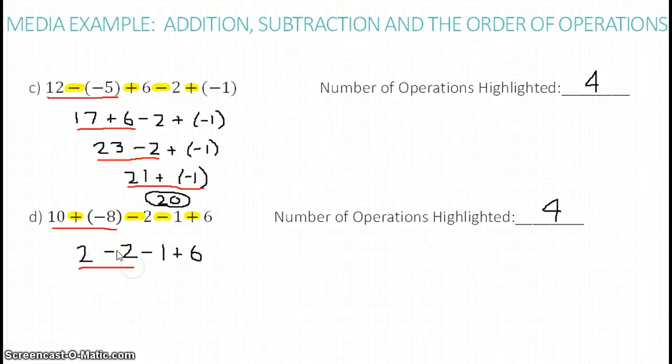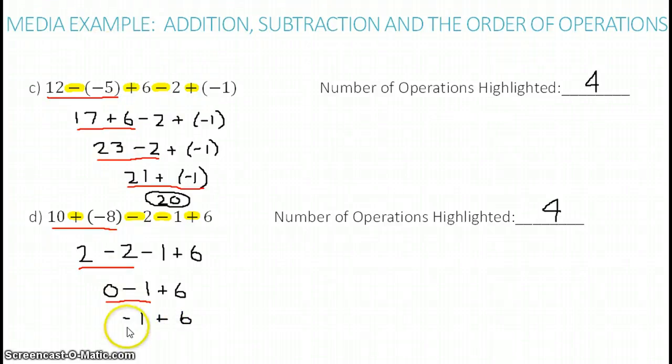2 minus 2, that's our next operation. Well, 2 minus 2 is 0. Minus 1 plus 6. Okay. We can actually drop the 0 and think of this just as a negative 1, but let's follow our steps. 0 minus 1 is negative 1 plus 6.